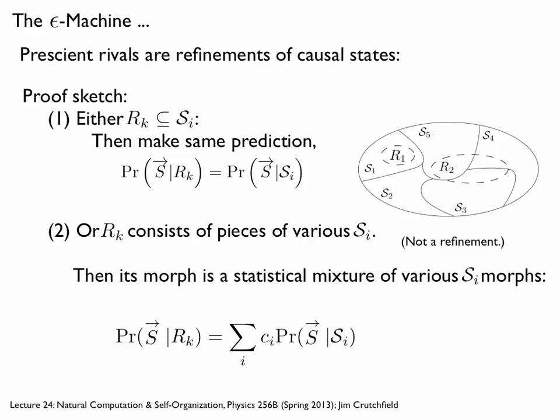I'm not going to say exactly what, but it's some mixture of these things, throwing them together. We can write that out formally: given R2, the predictions we make on the future, on average, will be some mixture of the future morphs associated with the contained causal states, with some coefficients that do the right normalization to make these probabilities.